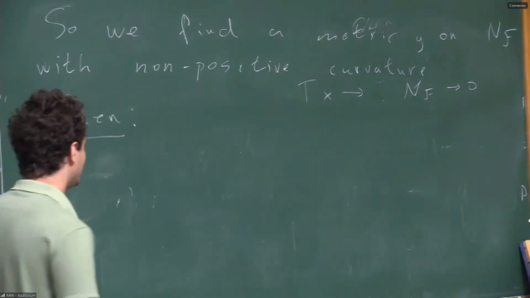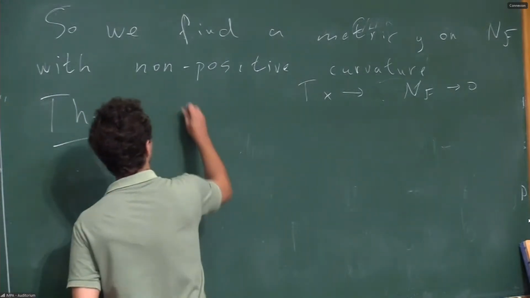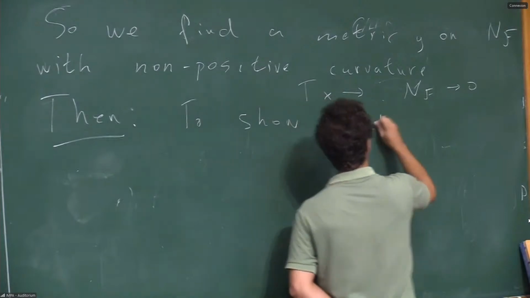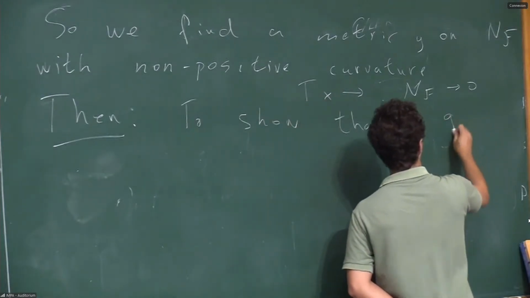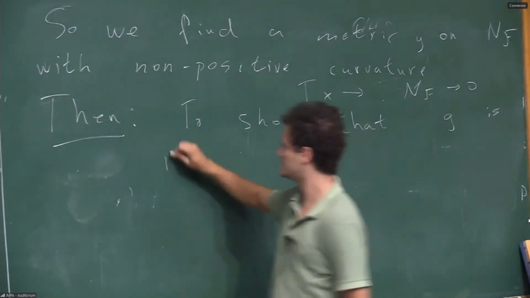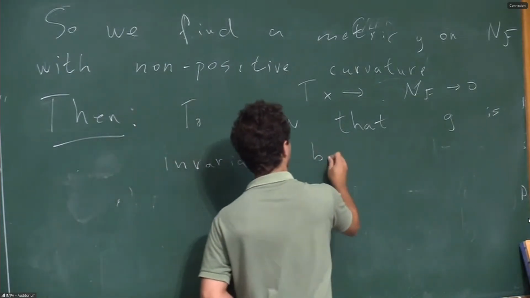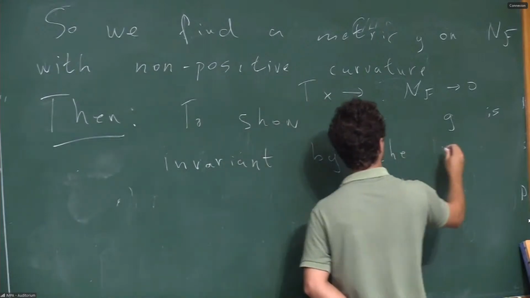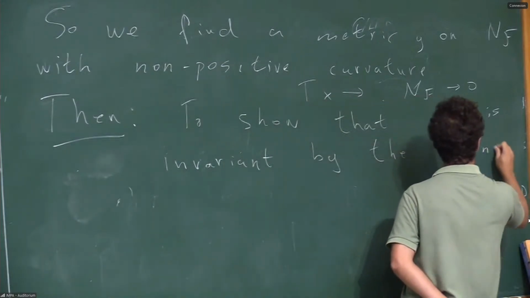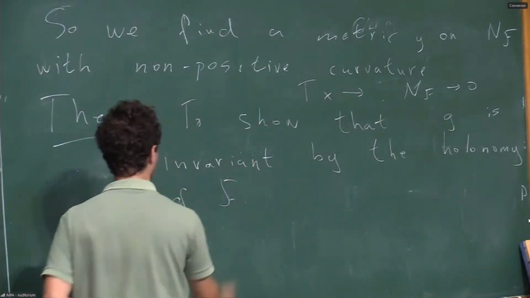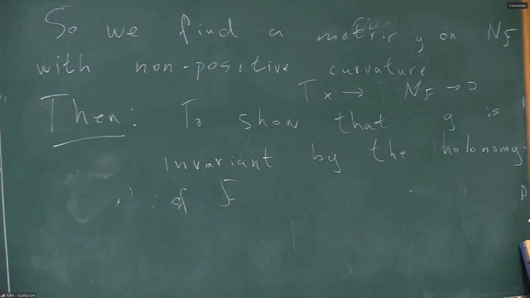But the important step here is to show that this metric is invariant by the holonomy of the foliation. I will not do this, but Brunella shows this.